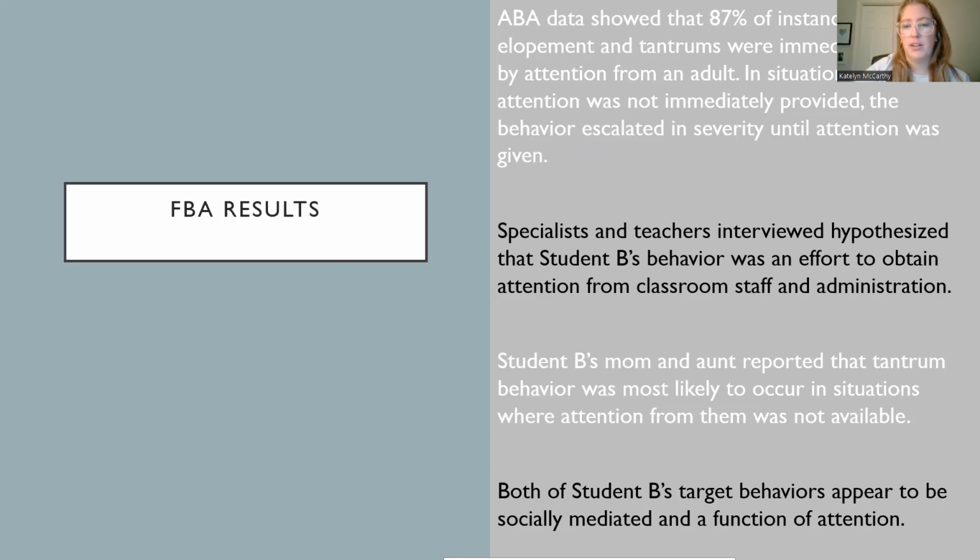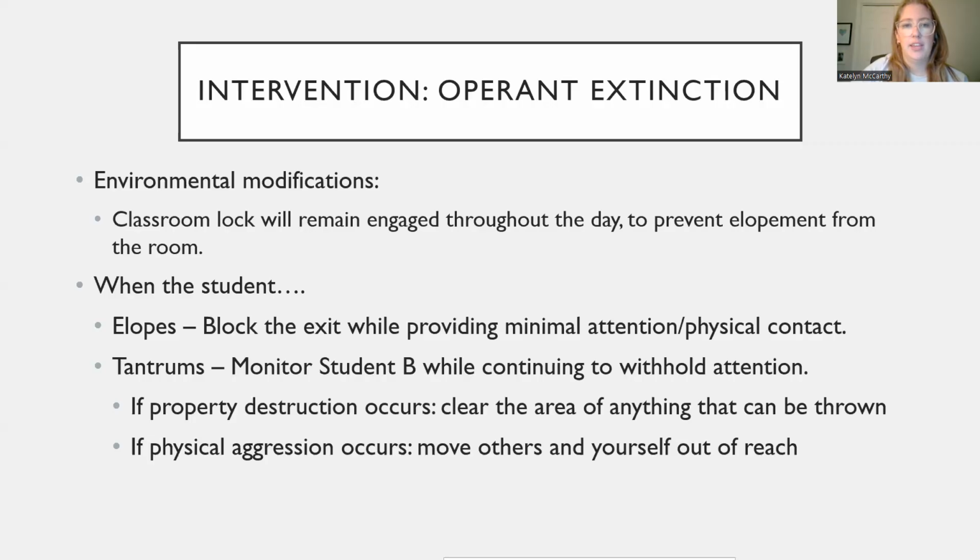Student B's mom and aunt reported that tantrum behavior was most likely to occur in situations where attention from them was not available, sometimes when they were caring for a sibling or cousin, or when they're cooking dinner. Both of student B's target behaviors appear to be socially mediated and a function of attention.